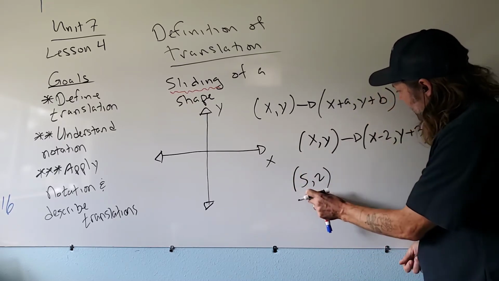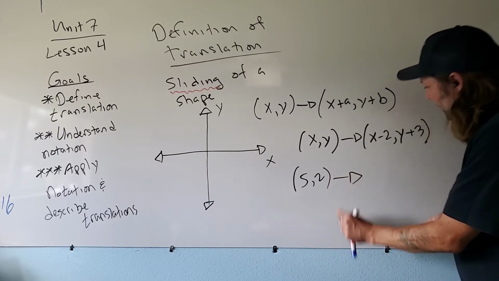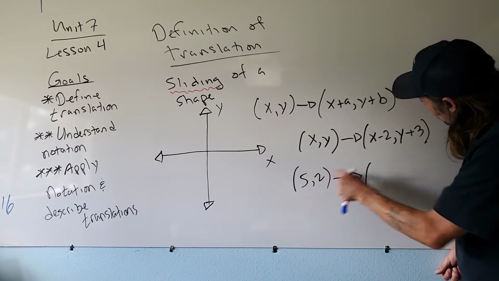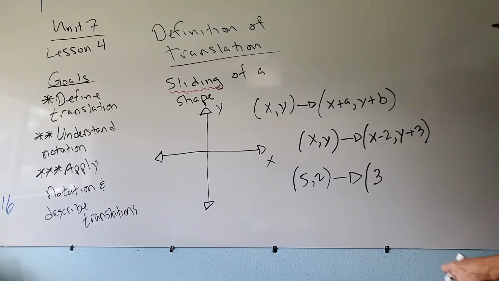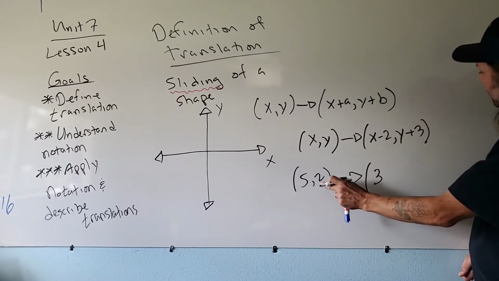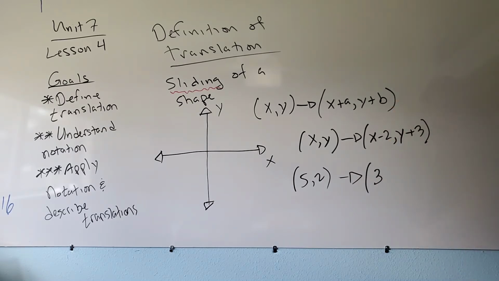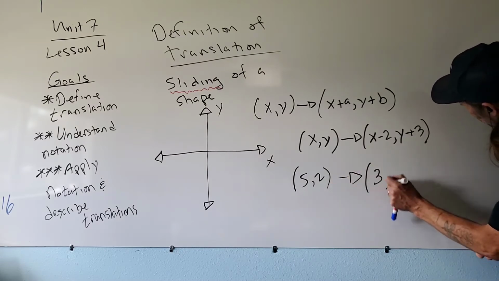That's what we're starting with. Now (5, 2) is going to be 2 less, so 5 is going to have 2 taken away from it, and it turns into 3. And 2 is going to have 3 added to it, so it's moving up, and that turns into a 5.